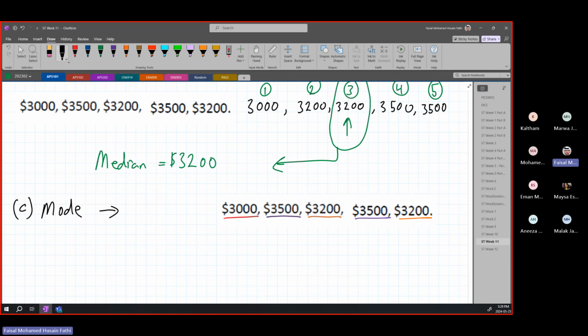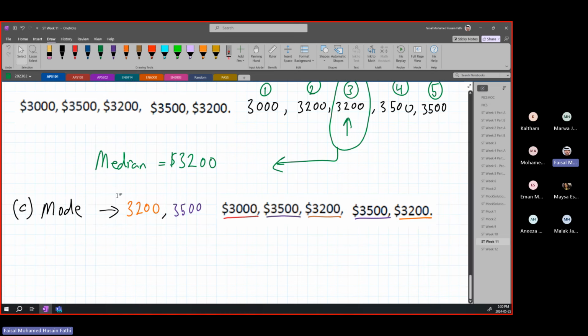But in this case, we have more than one value that is repeated twice, the same amount. Since they are both repeated the same amount, they are both going to be our mode. So $3,200 and $3,500. These are both our modes in this case.